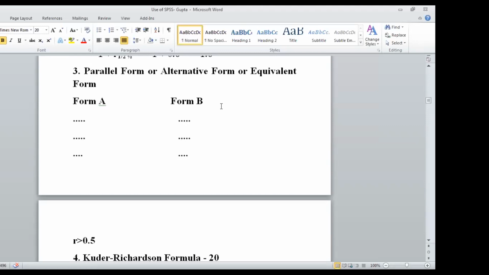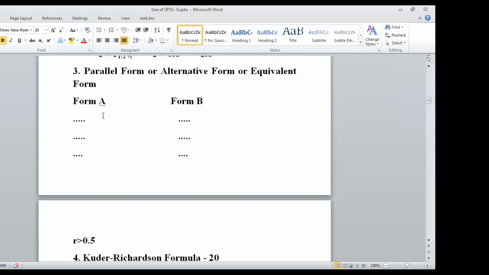So they are parallel in all respects. If it is a scale, it's parallel in terms of the positive, negative items, in terms of the dimensions. If it is a test, these are parallel in terms of difficulty level, discrimination index, etc., type of item, etc.